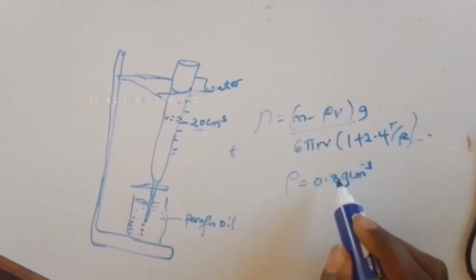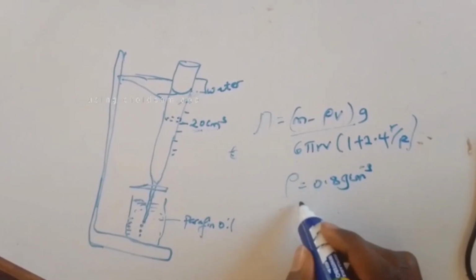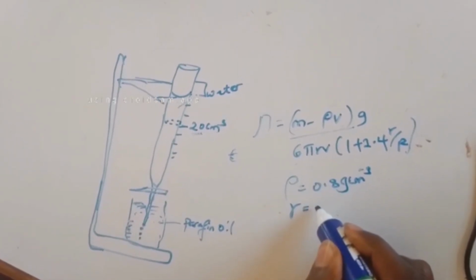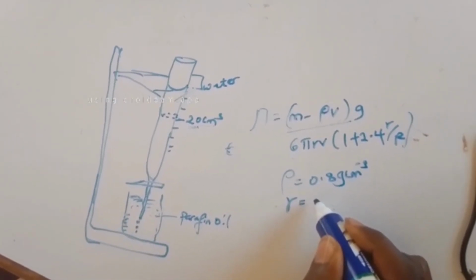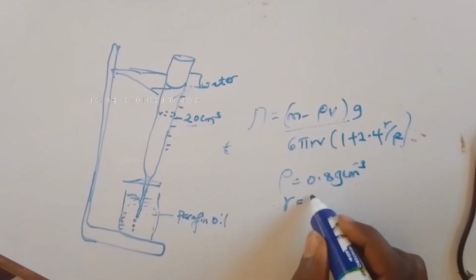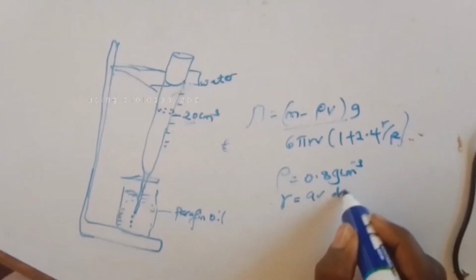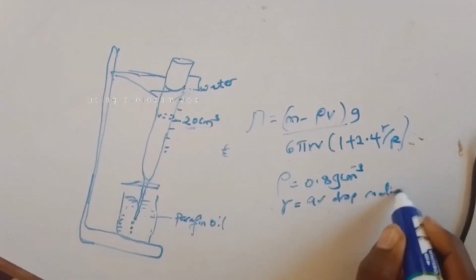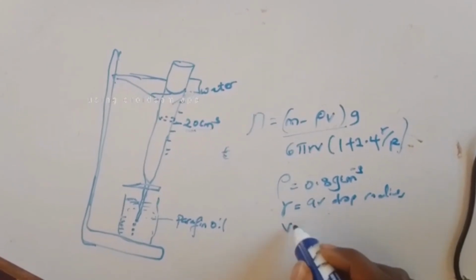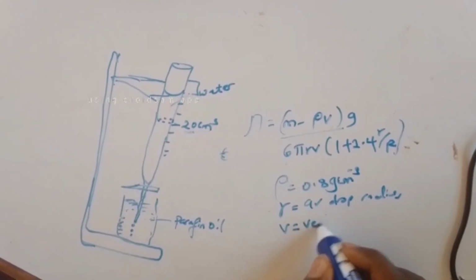Then r, our small r, is the average drop radius. Then v is the average velocity of water.